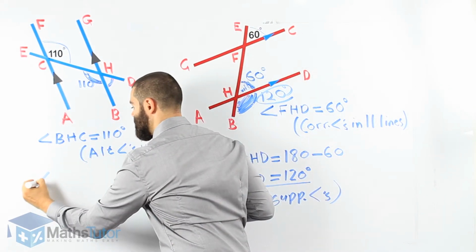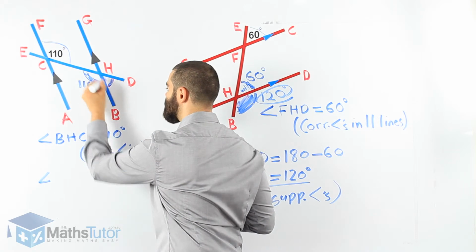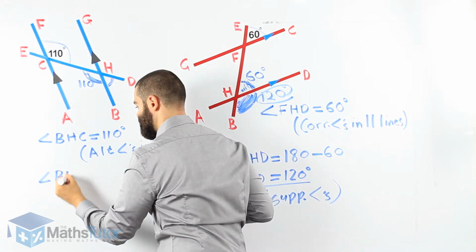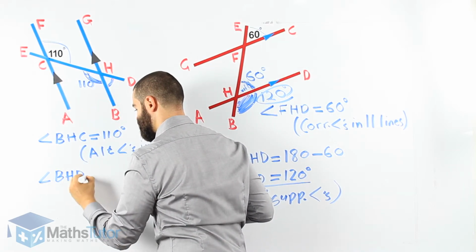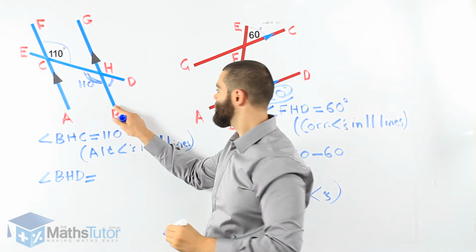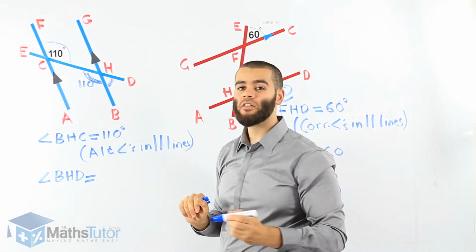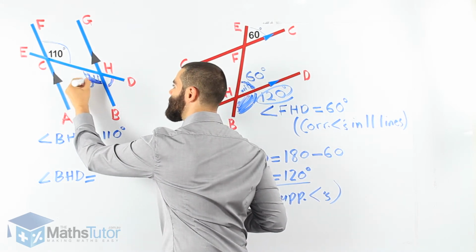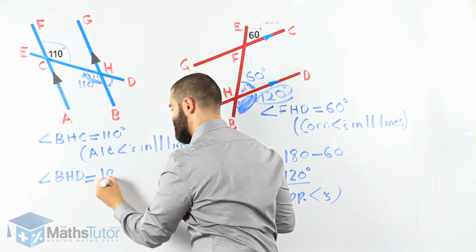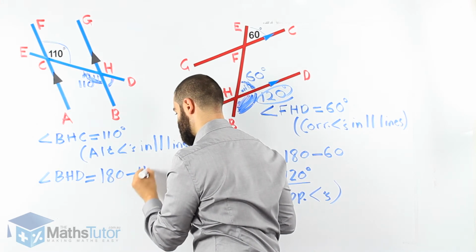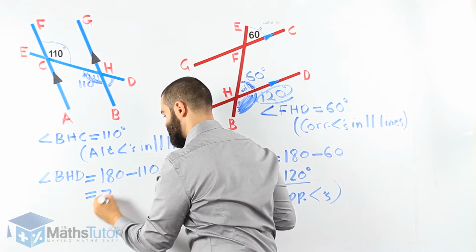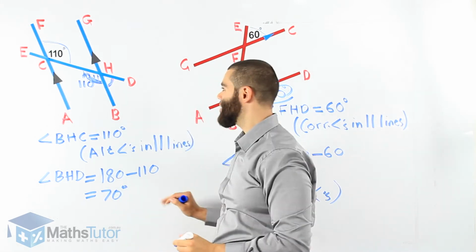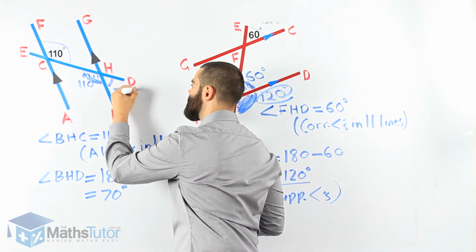So angle BHD, what do you think it's going to be? It's going to be 180, which is a total, take away this angle here. That means it's going to be 70 degrees.